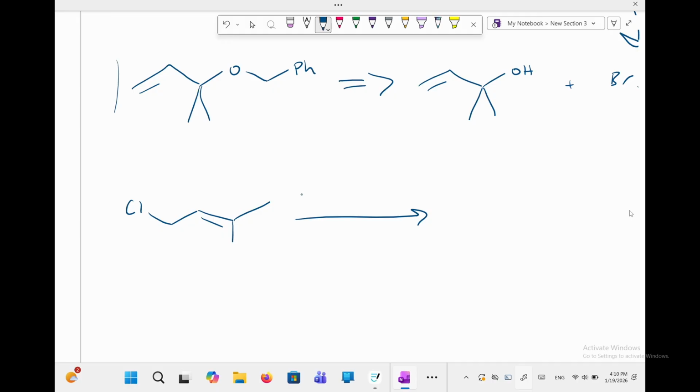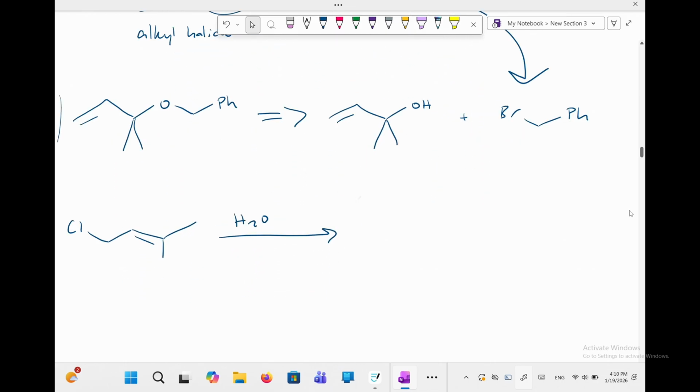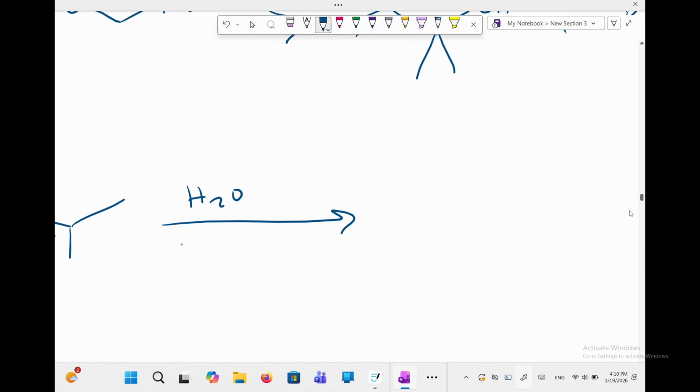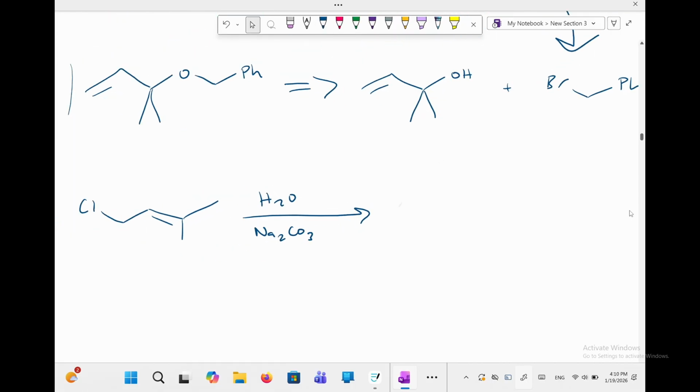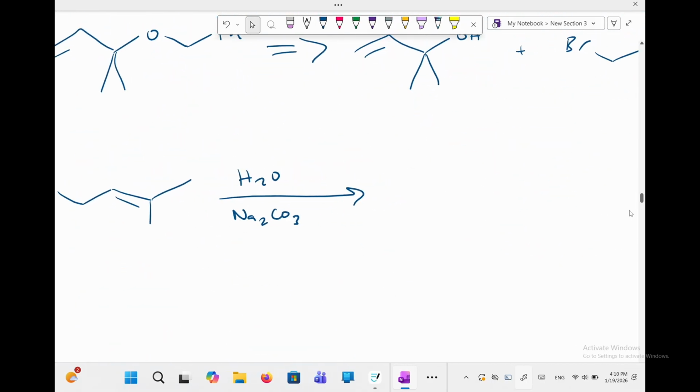I know that in the first step, we're going to be reacting with water and sodium carbonate. Right, CO3, yep. Water and sodium carbonate. Water here is going to be, generally when we see water, we think that is pretty weak, okay?